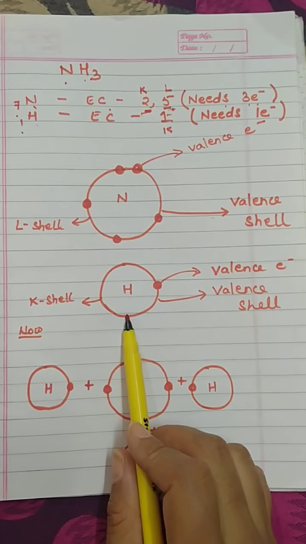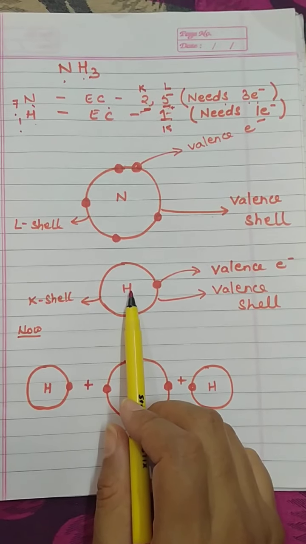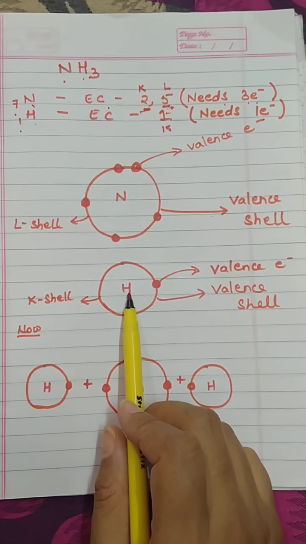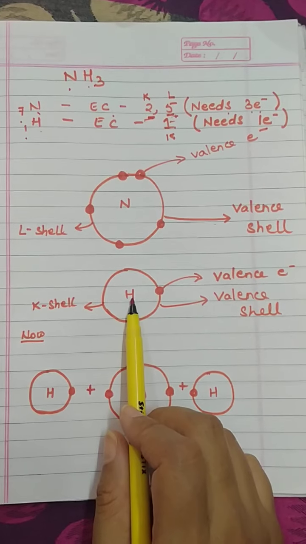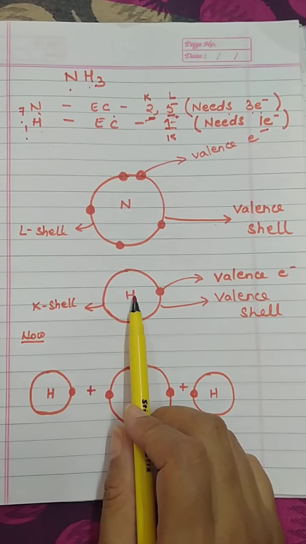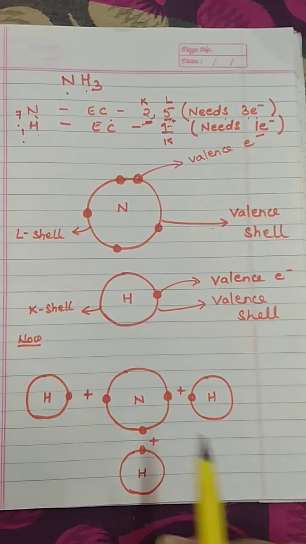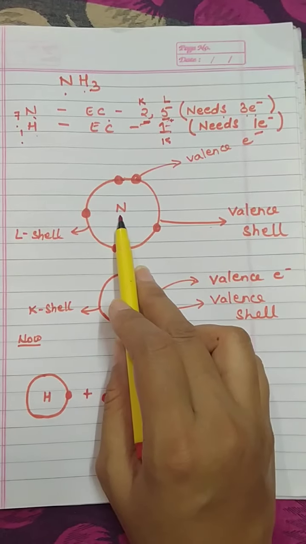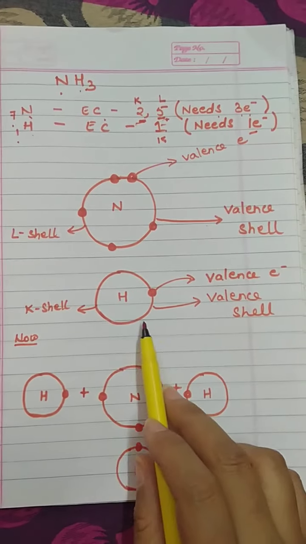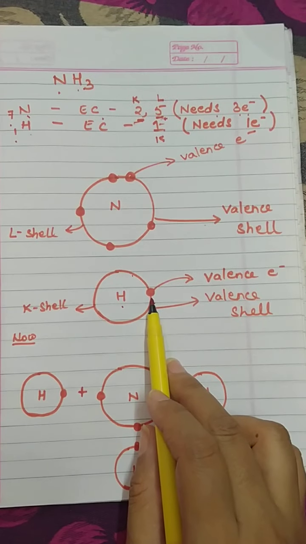Similarly, the hydrogen atom can be represented like this. Either you can write the element symbol at the center, in place of the nucleus, or sometimes in other books people show the nucleus here. So it depends on you. I particularly write the element symbol so as to show that this atom belongs to hydrogen, this atom belongs to nitrogen. Now hydrogen, its valence shell will have 1 valence electron.